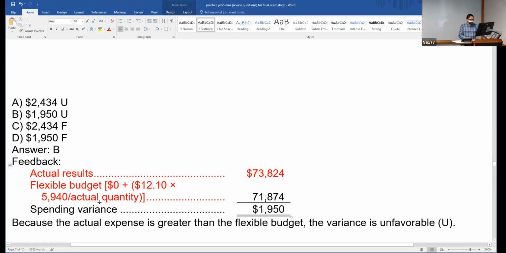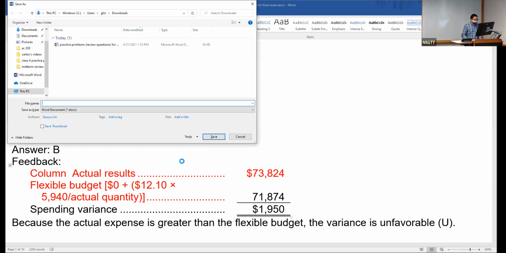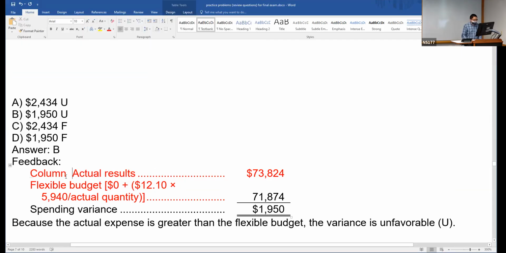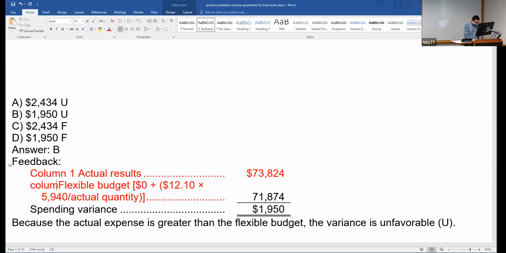Because now we want to get the number in column 2, which is the flexible budget. This is the number in column 1 for the actual result. And we also have the number in column 2, which is the flexible budget. And we just compare these two numbers.